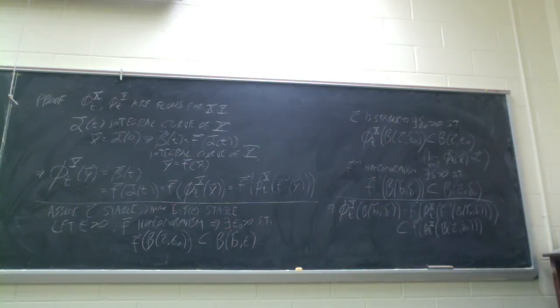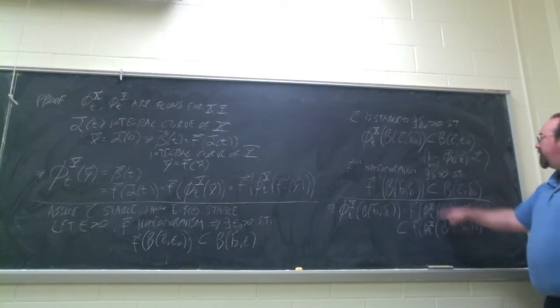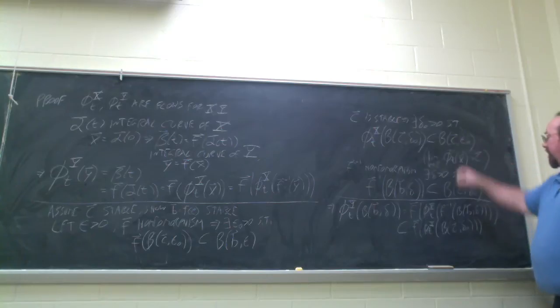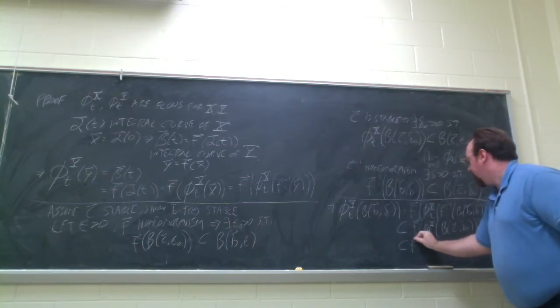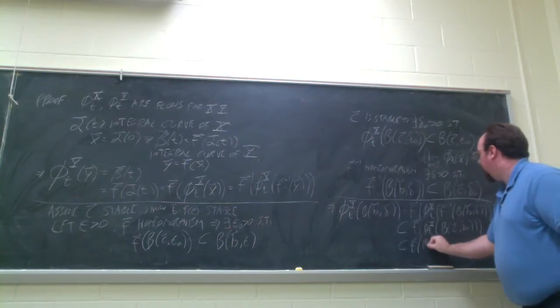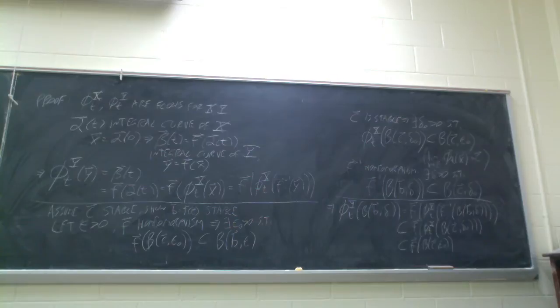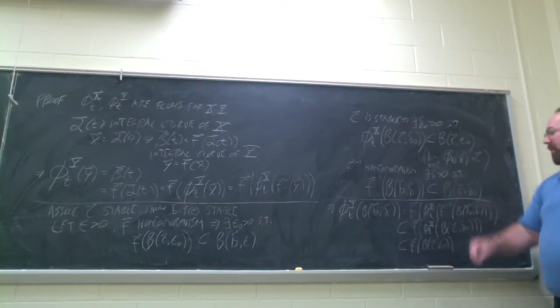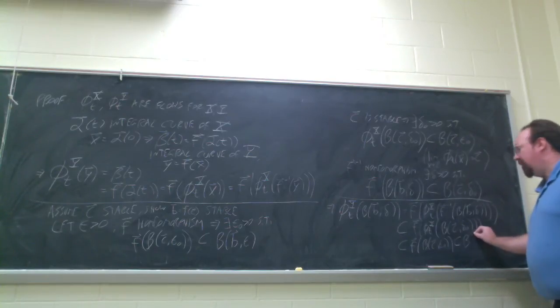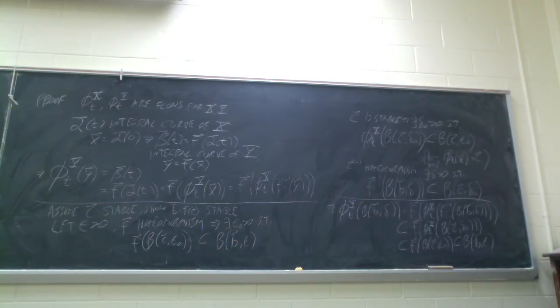Okay. But then the flow of this ball is contained within this ball. But then for my first subset relation, F of this ball is contained within this ball. So now, the relation that I have, the flow of this ball is contained within this ball.